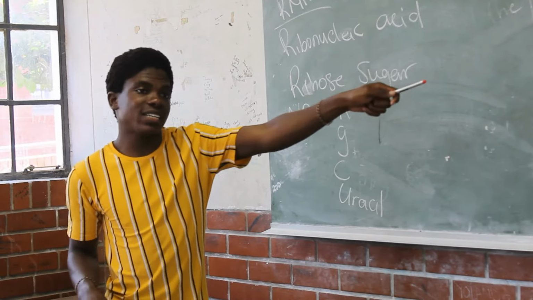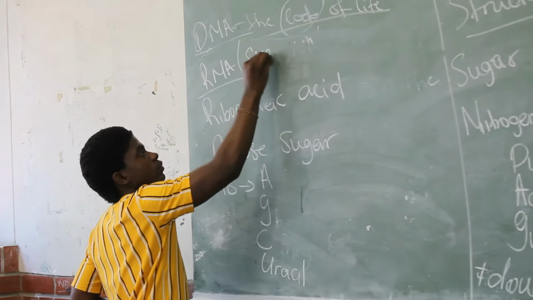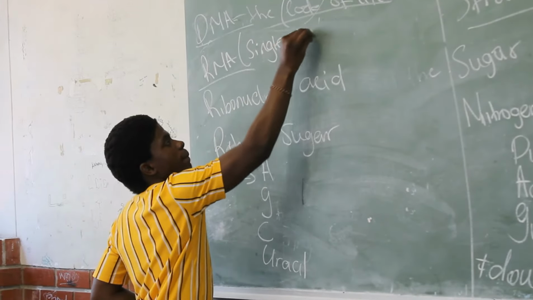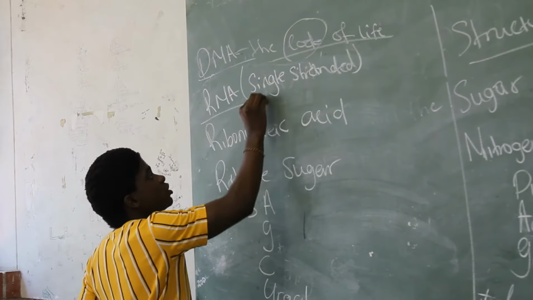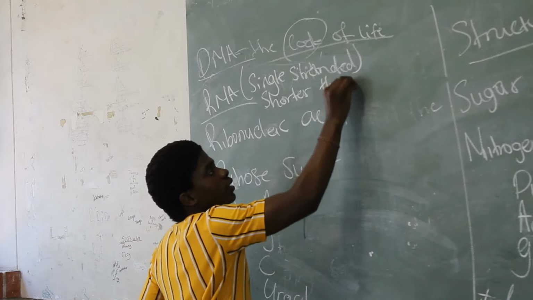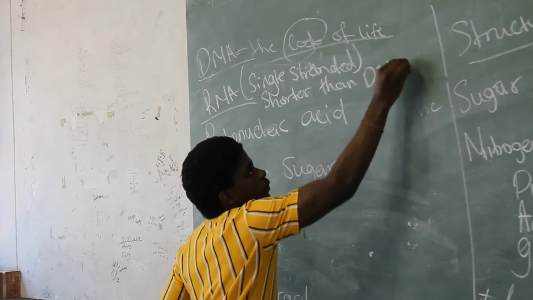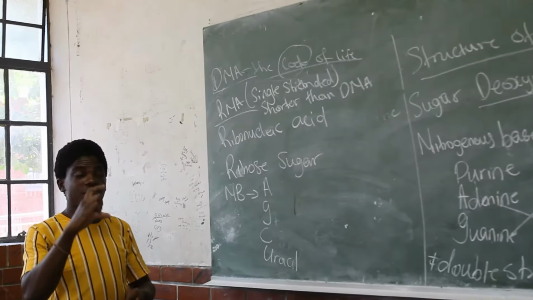RNA, unlike DNA, is single-stranded and shorter than DNA. DNA is a long strand, but RNA is a very short strand.